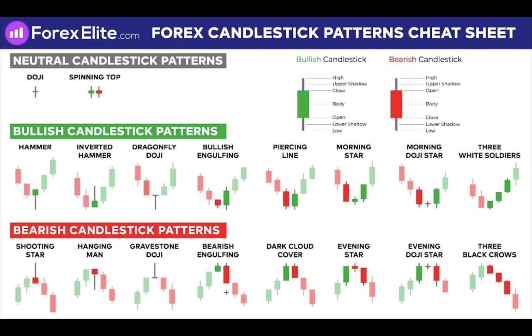The bearish engulfing. What happens? Are you sure you know what happens with the bearish engulfing? I think you know. Yes, you are right. So the bearish engulfing occurs at the end of a rise.